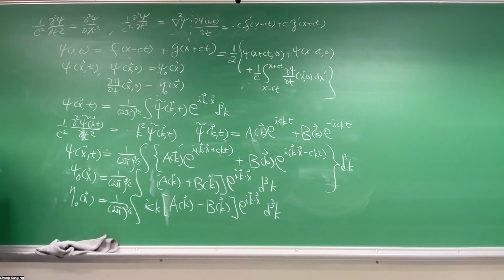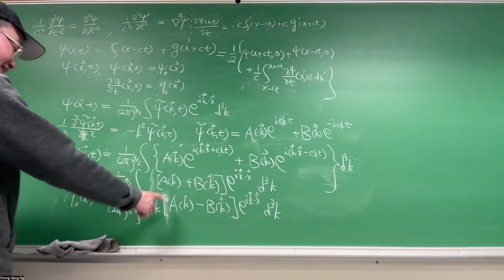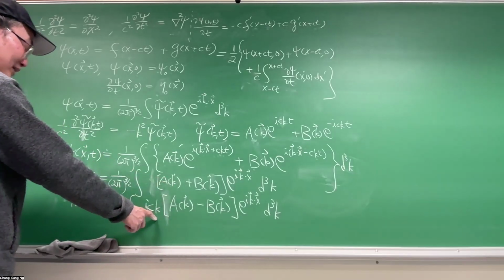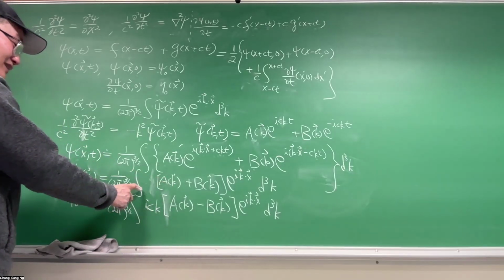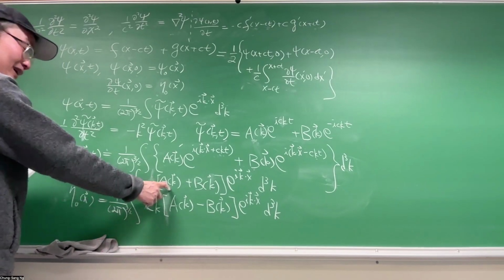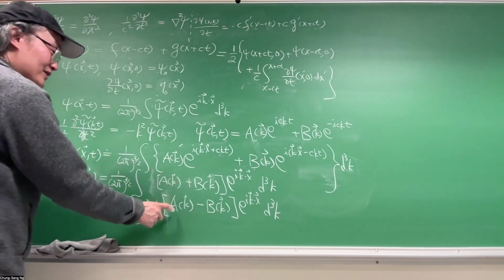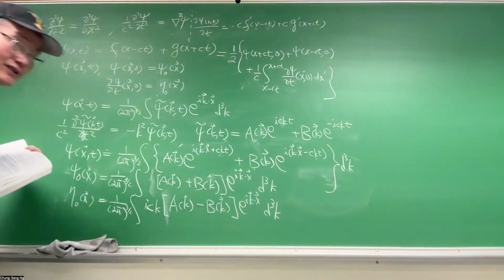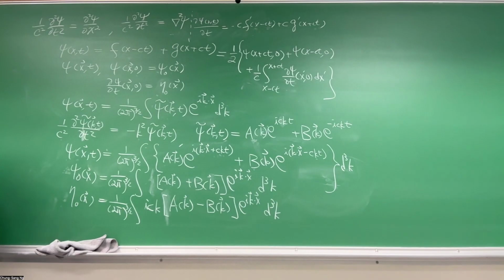How? Add them, but after you add them, it's still in the integral, right? Yeah, multiply iCk, you can add that, but they are in the integral. This is in the integral of k, right? How do you do that?